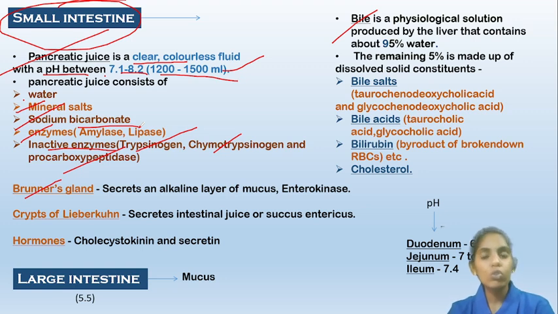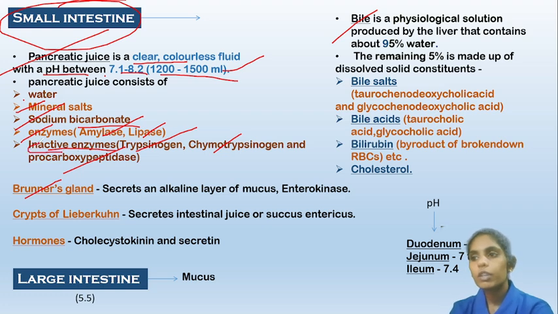In order to neutralize that acidic nature of the food, the sodium bicarbonate will help to neutralize the acidic food. And the enzymes present are amylase and lipase. Amylase will help in digesting the carbohydrates, lipase will help in digesting the lipids.